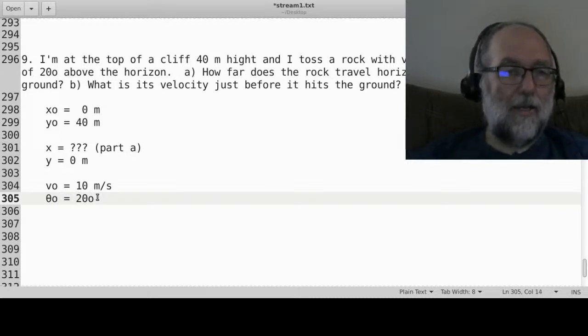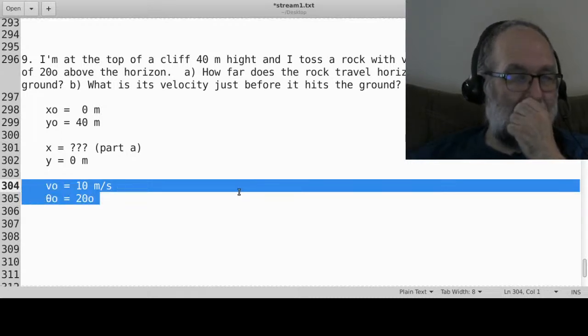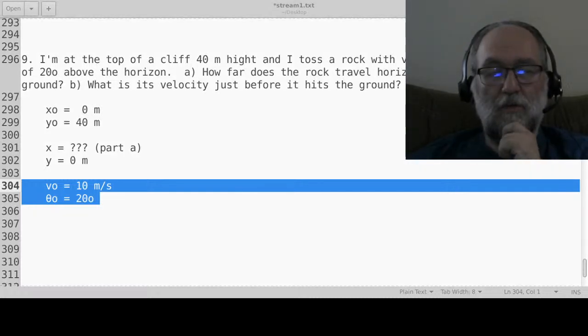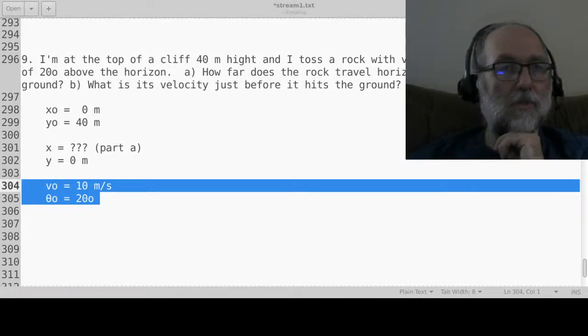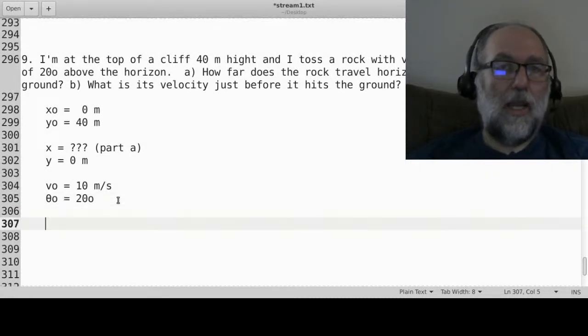But those two are not in Cartesian, and everything has to be in Cartesian for the equations that we're going to use. So we have to convert those to Cartesian, using the formulas that we just played with a minute ago.